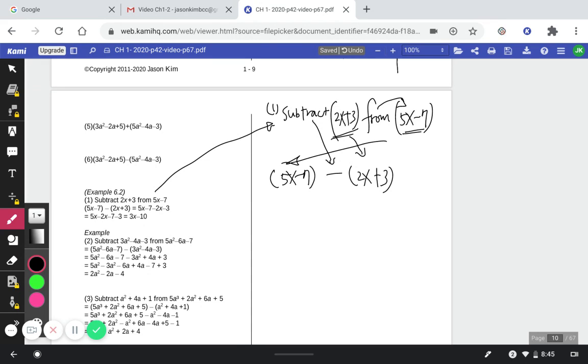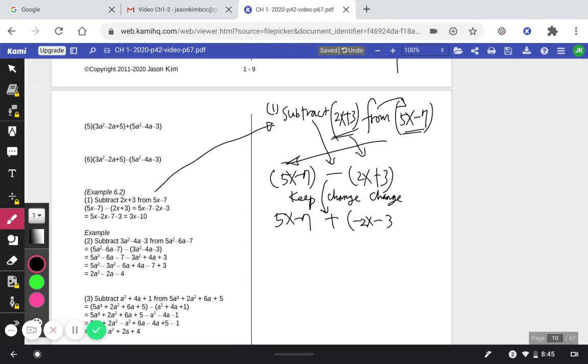So again, because you have a subtraction, we're going to do keep change. You're going to keep this, change minus to plus, and change anything inside of the second term. So it ends up with 5x minus 7 plus, because you keep this, you change this, and change inside. So 2x becomes negative 2x, plus 3 becomes minus 3.